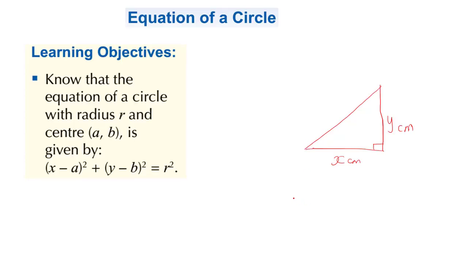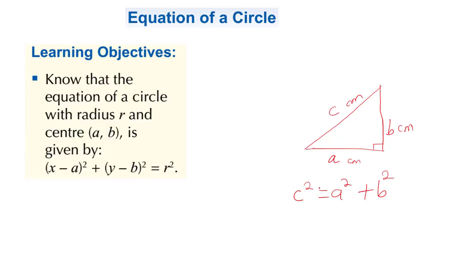If you remember, Pythagoras' theorem says that to find the hypotenuse, which is always c, we use c squared equals a squared plus b squared. So that's something you should remember. The hypotenuse is always c, this base here is always a, and this side is always b. So let me just call this a centimeters, that's b centimeters, and that's c centimeters.